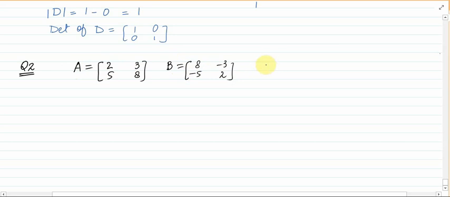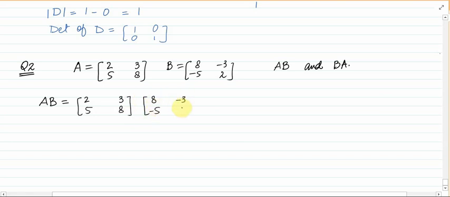Okay, so you need to find AB and you need to find BA, and then determine the relationship between A and B. At first you may like to stop the video and try it by yourself, it will be good. So first, we need to find A into B. Matrix A, [2 5; 3 8], multiplied by [8 -5; -3 2].